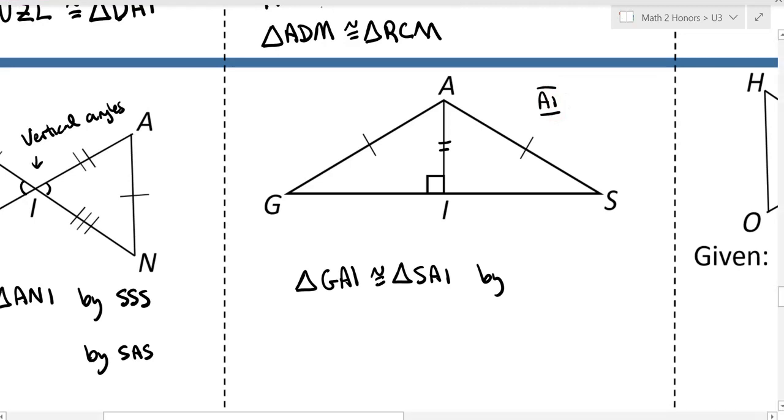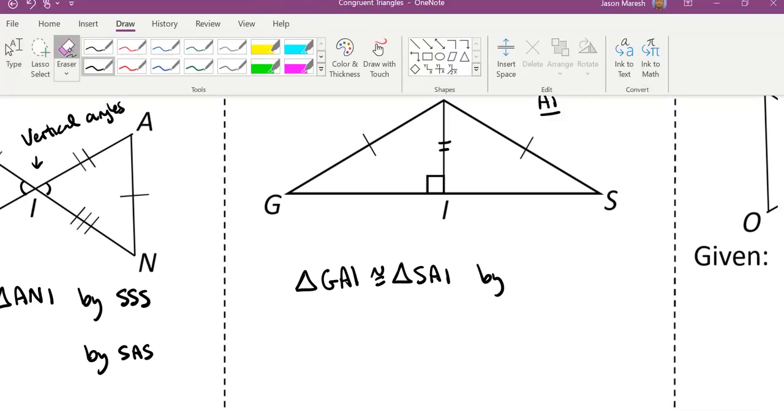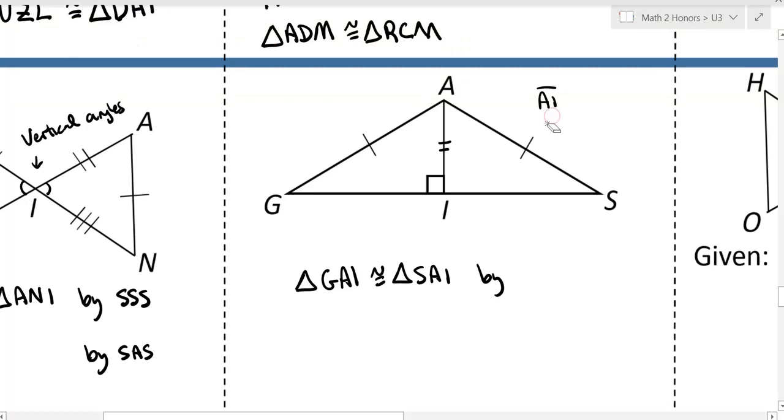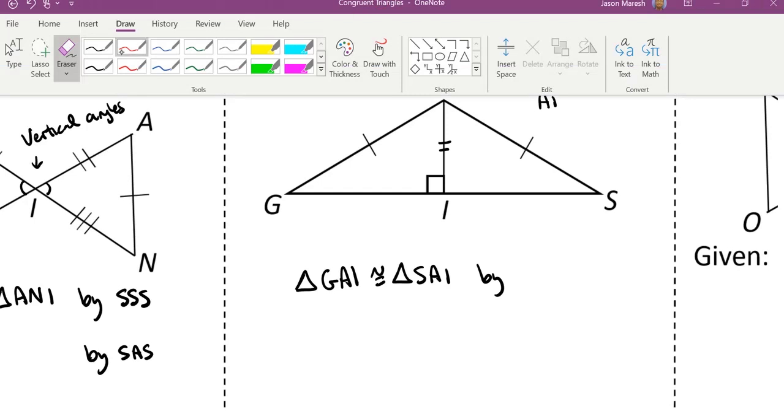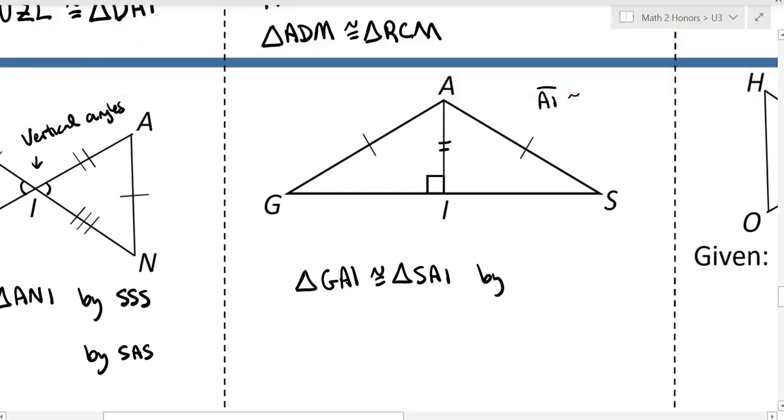Sorry, I'm thinking I, so I'm drawing an I and mixing that with congruence. Okay, so AI is congruent to AI. Remember that it's called the reflexive property that allows us to do that.